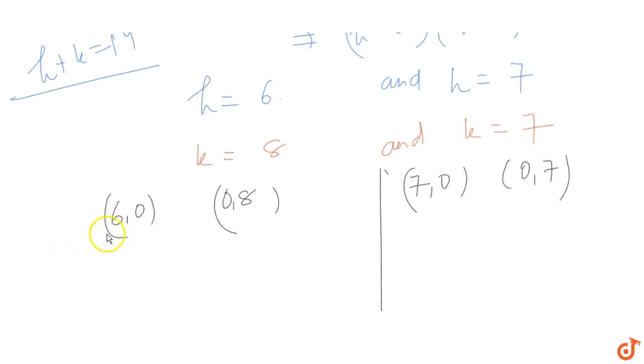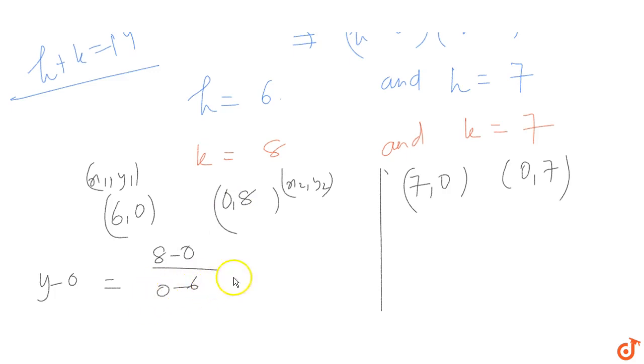Now we should find the equation of the line from two points, which is very easy to find. Let's say this is (x1, y1) and this is (x2, y2). Then y minus y1, that is 0, equals (y2 minus y1) upon (x2 minus x1), which is 8 minus 0 upon 0 minus 6, times (x minus x1), which is 6.